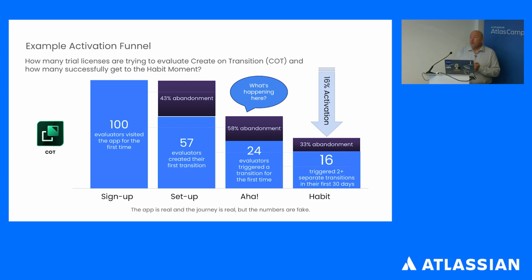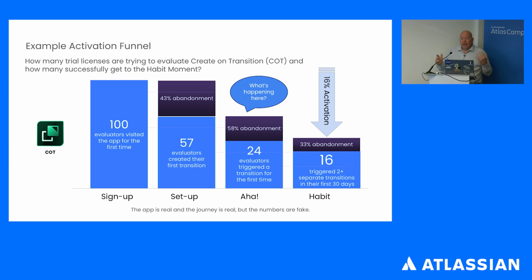If we start out with 100 trial licenses evaluating Create on Transition, only 57 of them go past the Getting Started page and actually go into a workflow, into a transition, and add a post function. Only 57 get there. We've got 43% abandonment at that first step. We've lost 43% of our trial users at that first step.